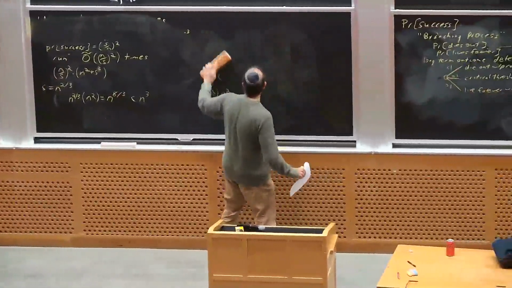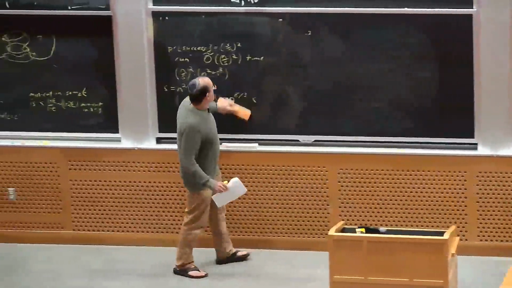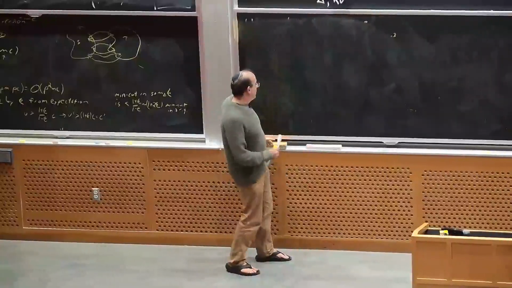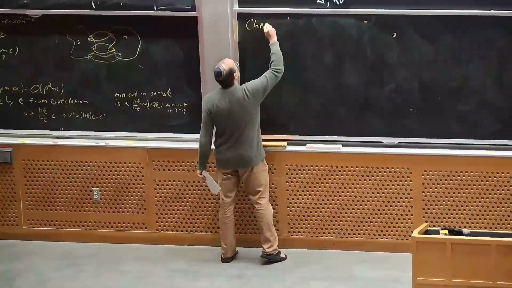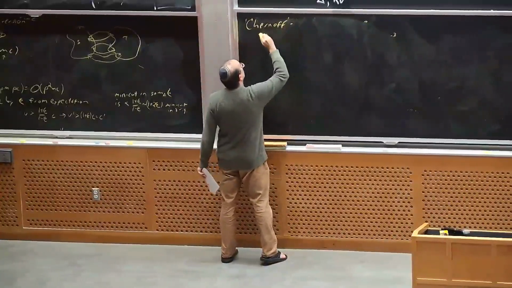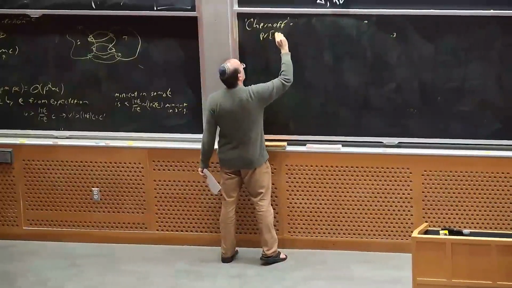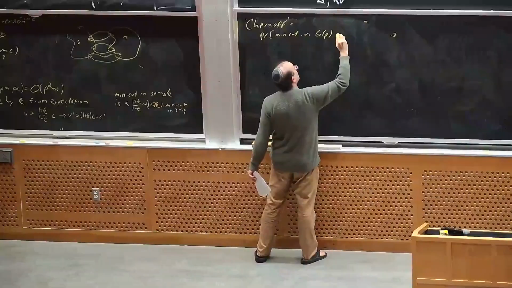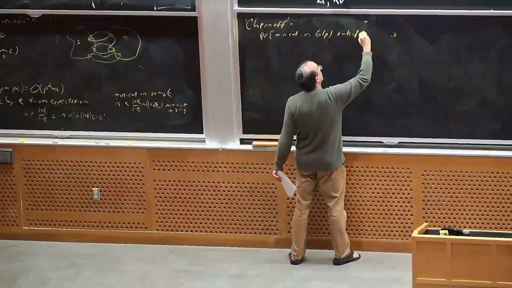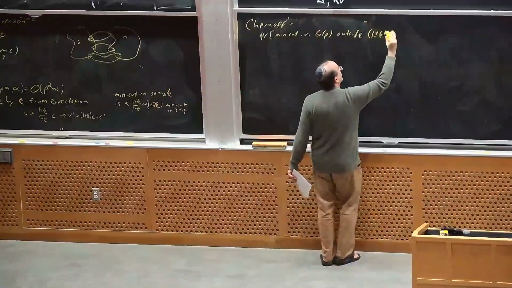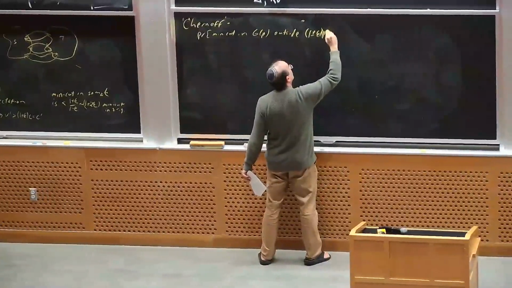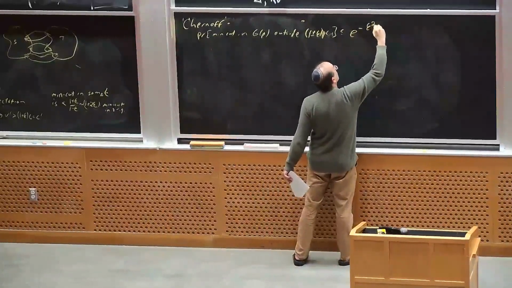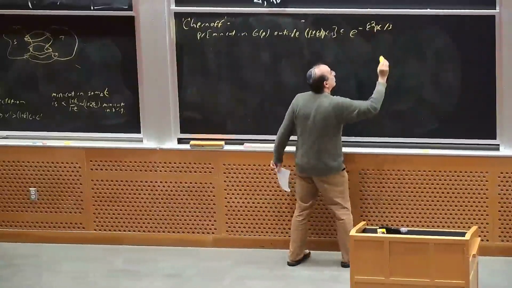Because we know that sampling keeps things near their expectations with high probability, right? I mean, we can just pull out the Chernoff bound. The probability that the min cut in G of P is outside 1 plus or minus epsilon times its expectation is at most e to the minus epsilon squared times that expectation over 3.